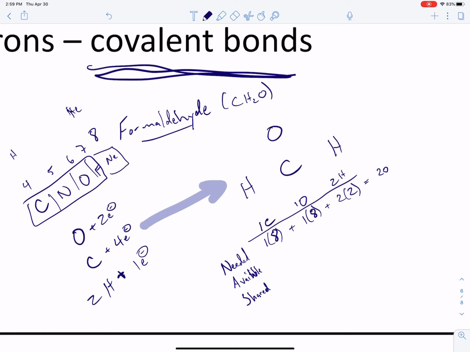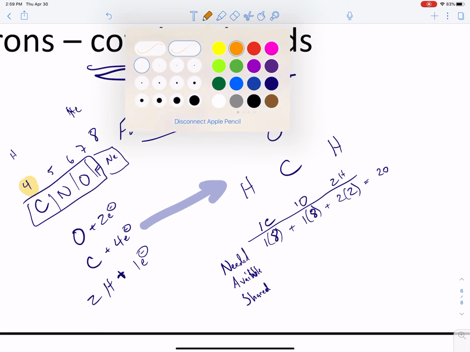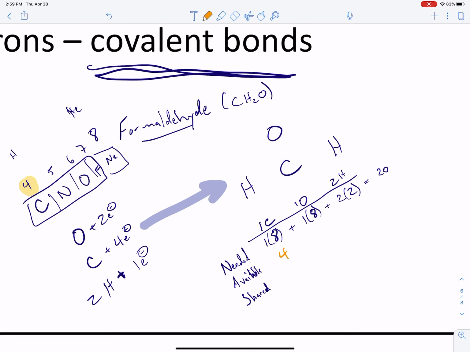What's available? Carbon, because it's in group 4 or group 14, only has 4 electrons available. What about oxygen?